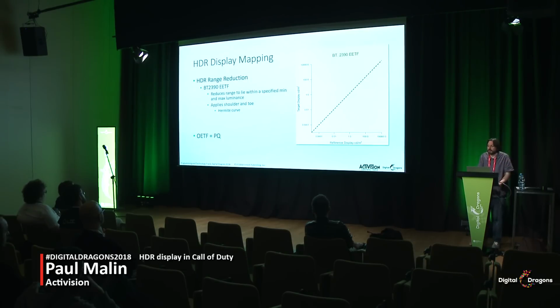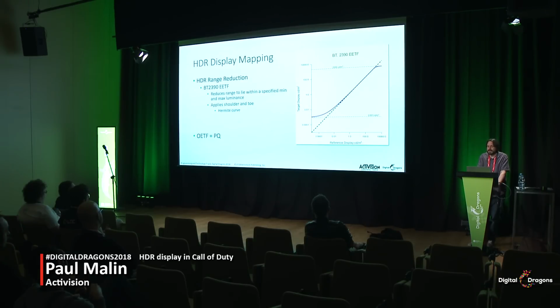We've already applied this tone curve, so on a theoretical perfect HDR display, our HDR display mapper could just apply the PQ OETF and output the result. In reality, we may want to apply a shoulder and a toe to the values first to account for the actual black and white point of the display based on user calibration.